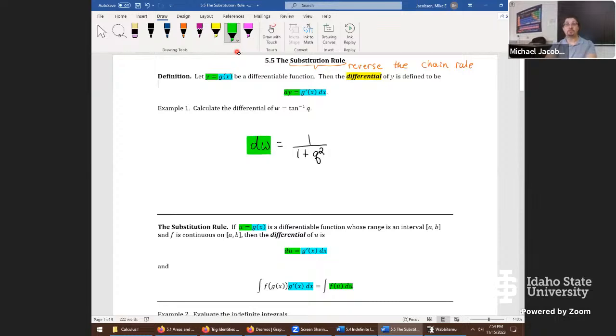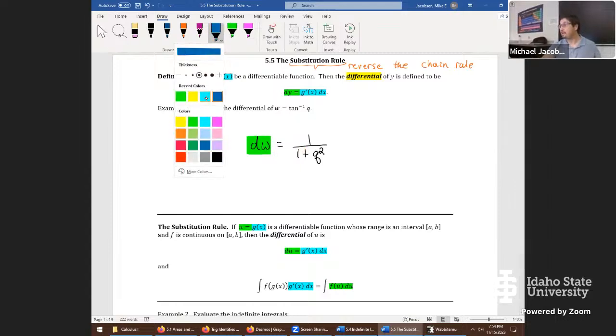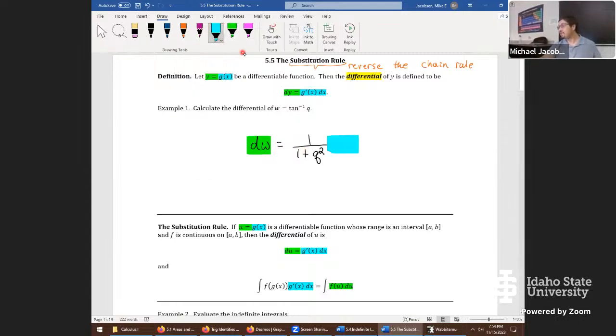But because it's a differential, there's more to the story. We can't settle with just dw equals all this. We also have to put in one last thing right here. Any volunteers for what the symbol should be in this location? Good call. If the variable is q, we should put in dq right here. So that's the full differential.